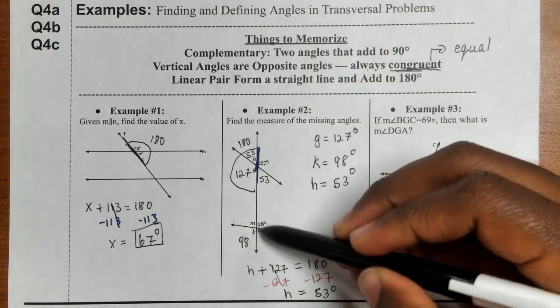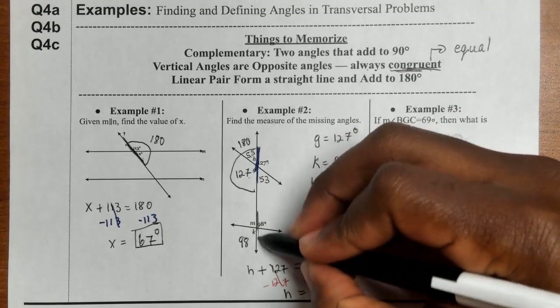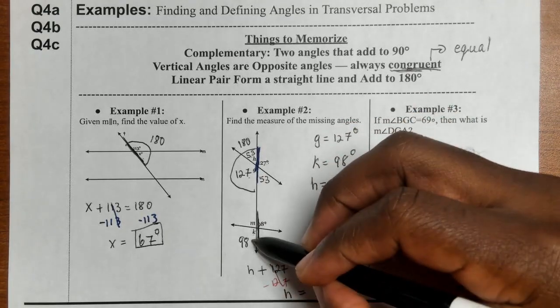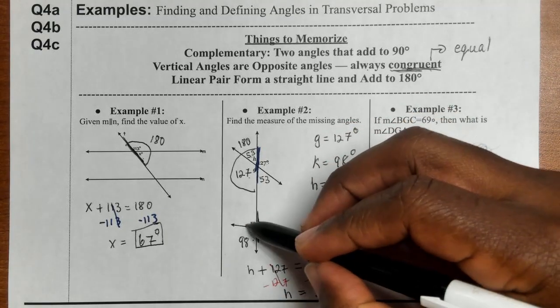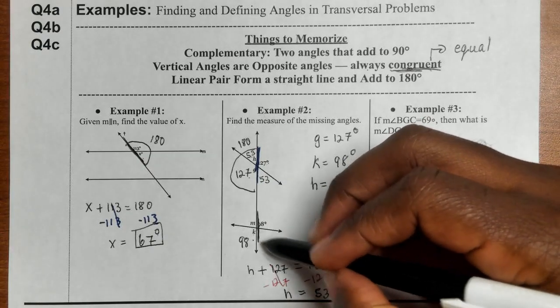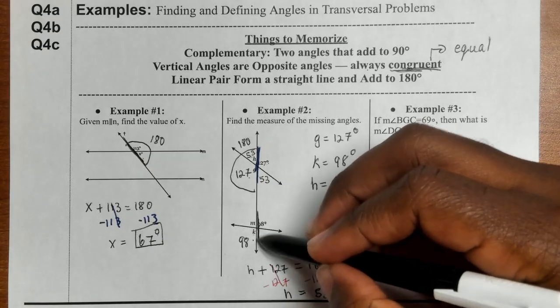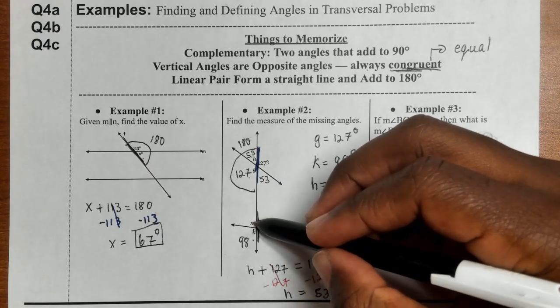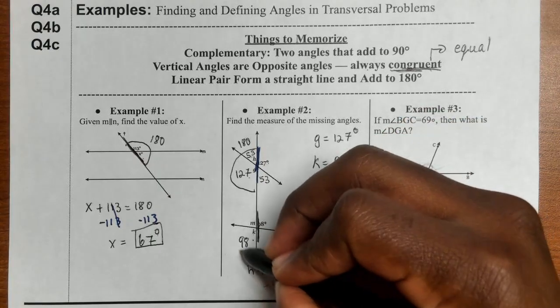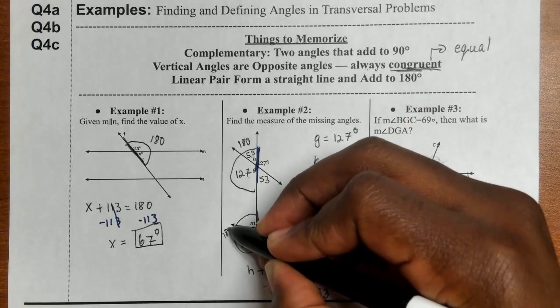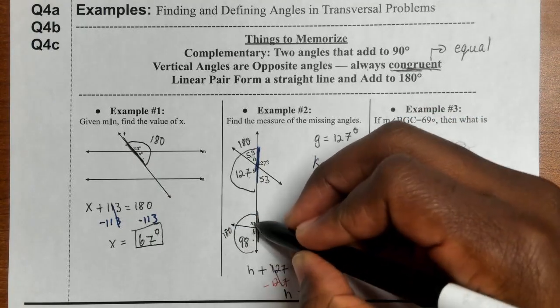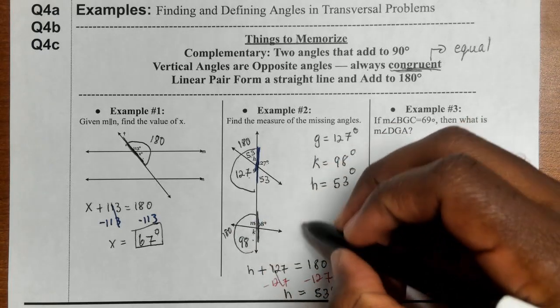Here we see another straight line, and this one is K. If I want to find M, all of this is equal to 180. So 98 plus M should be equal to 180.